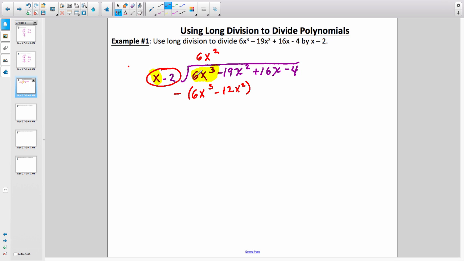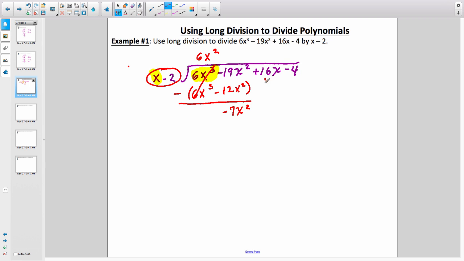Okay, so 6x cubed minus 6x cubed, nothing. Beautiful. Negative 19x squared, subtract negative 12x squared. Well, that turns into addition. So now we're left with negative 7x squared.